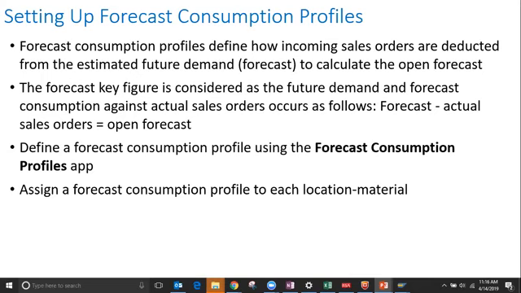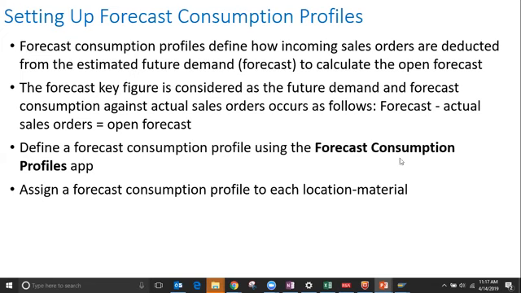For example, we can create a forecast consumption profile and assign which key figure to be used for your forecast consumption, and what will be the periodicity of your forecast consumption. So let me open where we can do that.